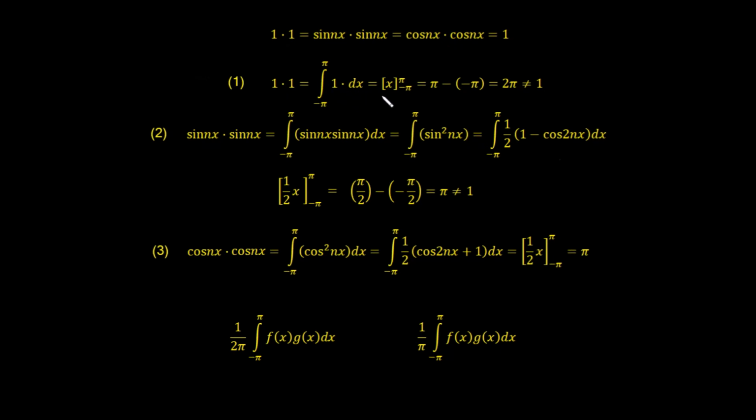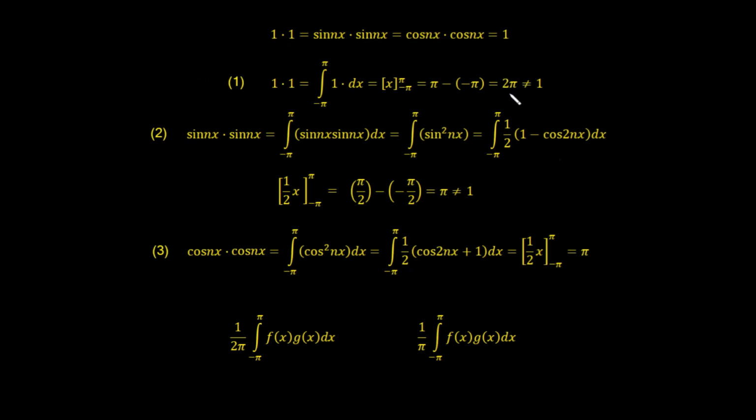When we integrate that, we get x from minus pi to pi. That gives us pi minus minus pi, which is equal to 2 pi. Note that that doesn't give you the value of 1.